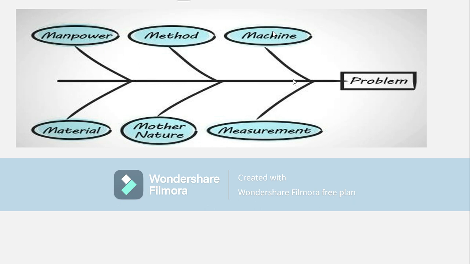So this is basically the fishbone, and it helps you to understand your project in a better way, and it helps you to fix the bugs or the problems in your issue in a better way. So it's highly recommended that organizations follow the fishbone.